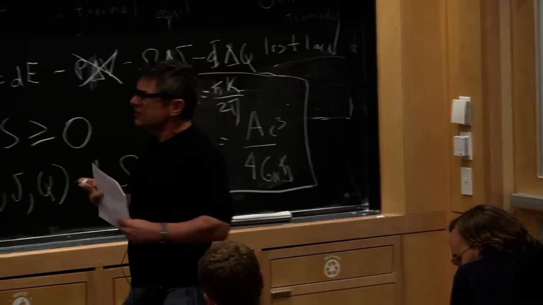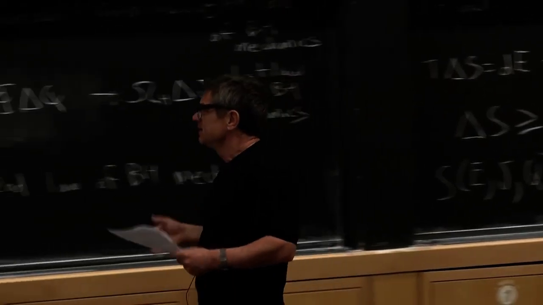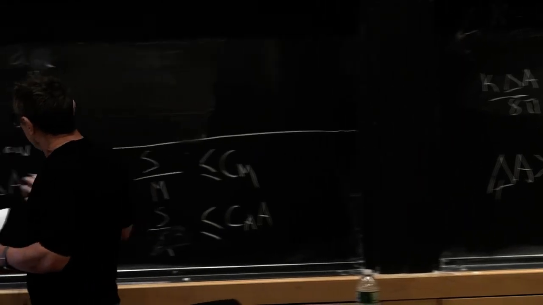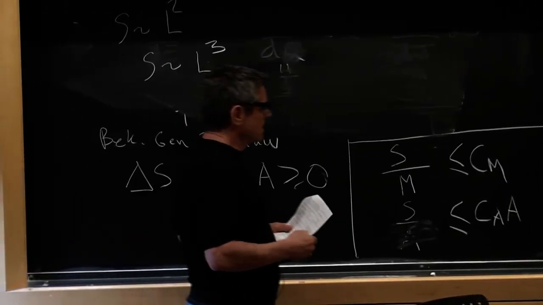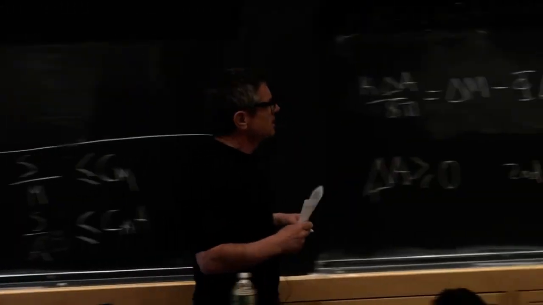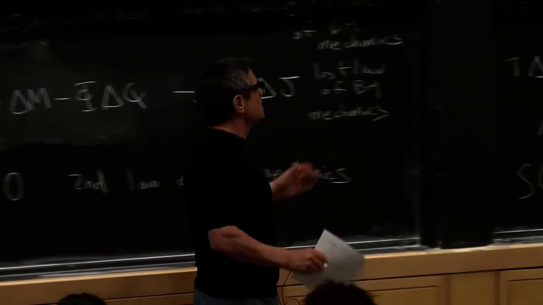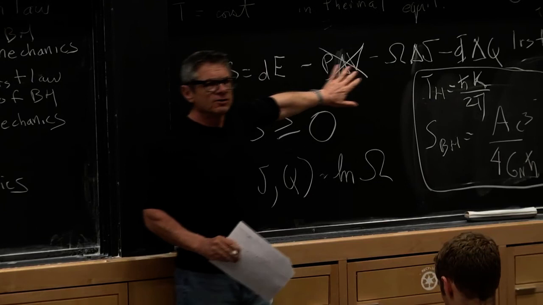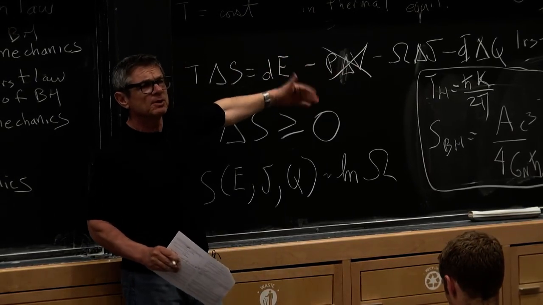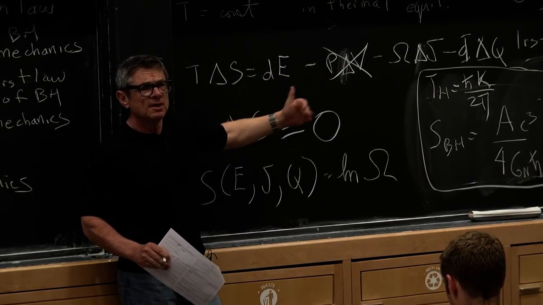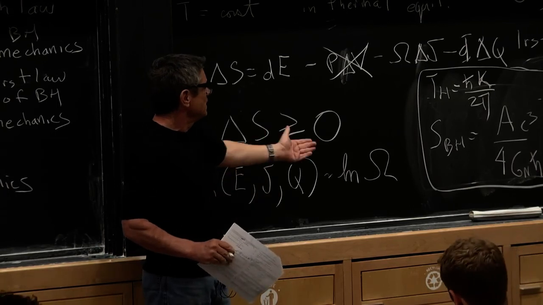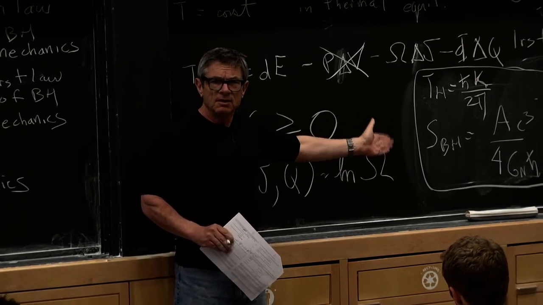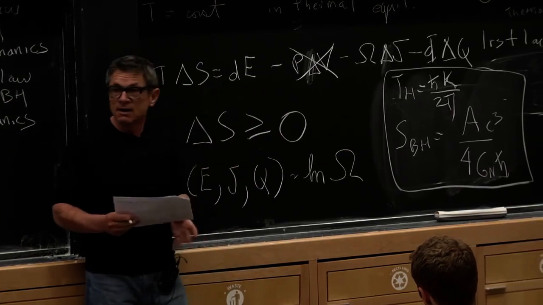Now, in order for this all to make sense, and this will be a lot of what we're discussing next semester, just as there is this underlying statistical interpretation of the laws of thermodynamics given by Boltzmann in terms of molecules, there had better also be an underlying statistical interpretation of the entropy of a black hole.